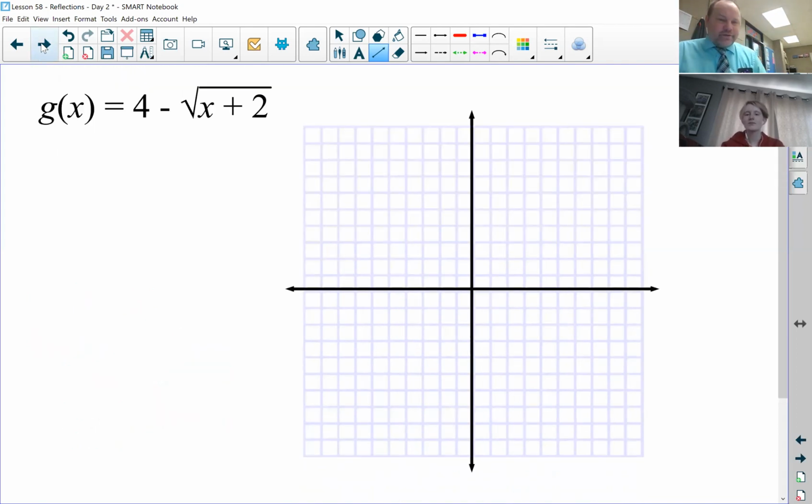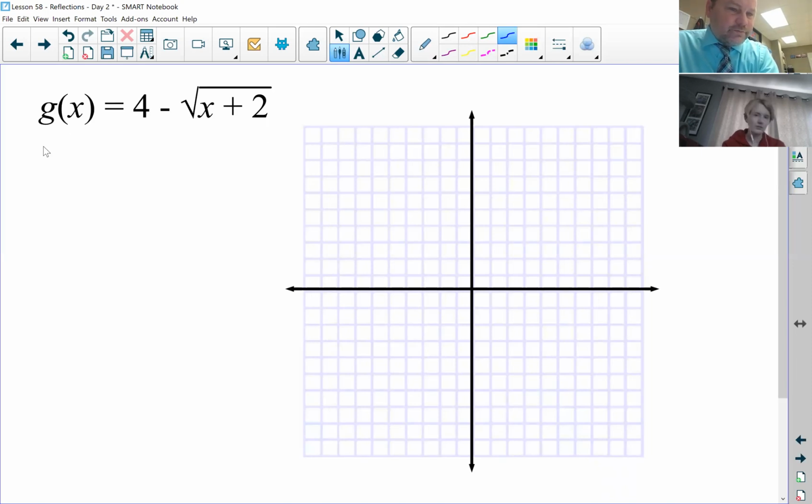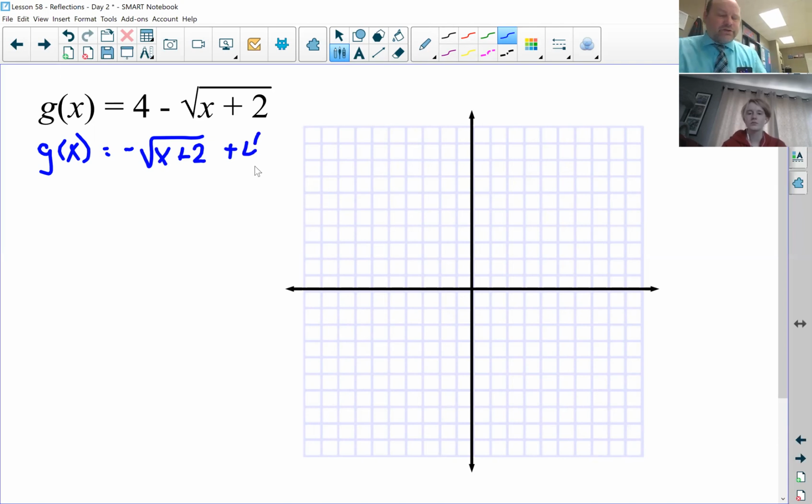All right, here's a little bit more difficult one. And I actually wanted to go through this one because what I would do is rewrite this with the x and the square root first, because I think it shows the transformations a little bit easier.